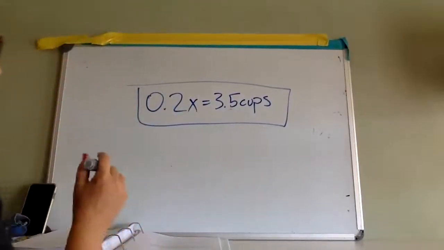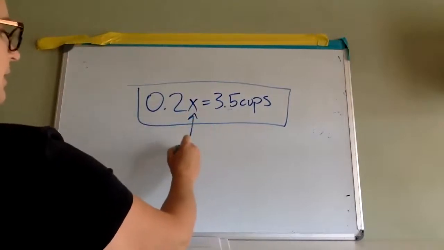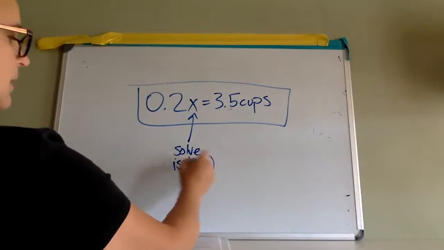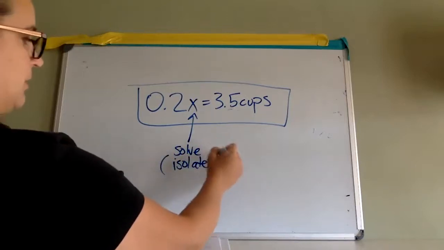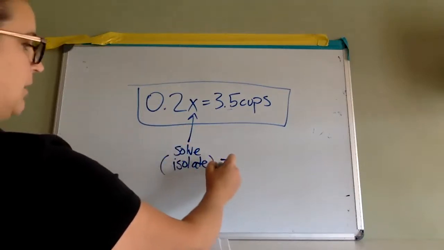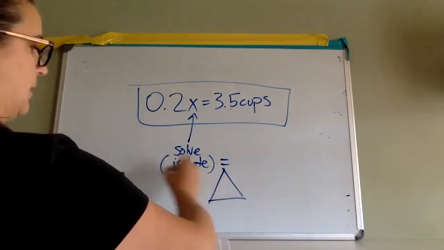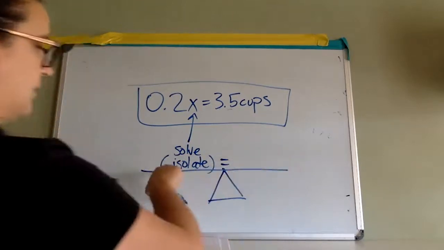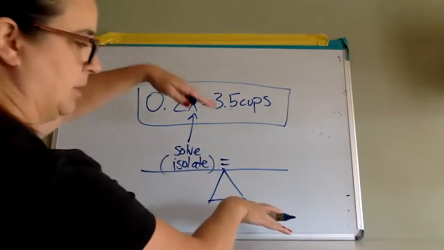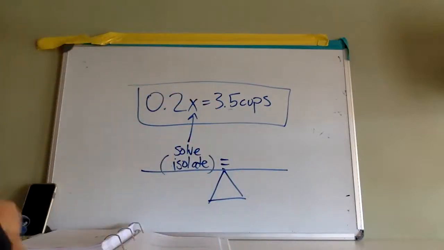Okay. So the way I'm going to solve for x is I'm going to isolate it on this left side of the equation. So if I do something to this side of the scale, think of this as a scale, if I do something over here, I have to do it over here, or the scale is gonna go off kilter.